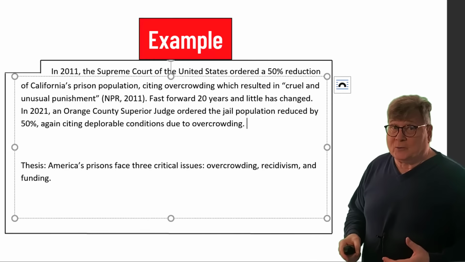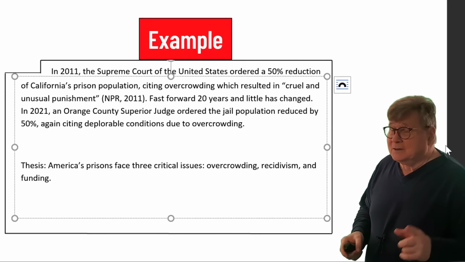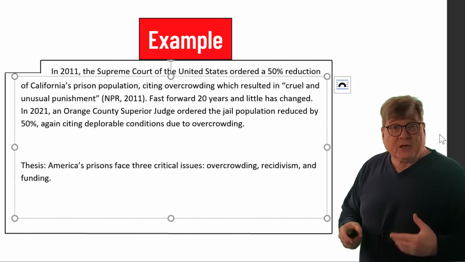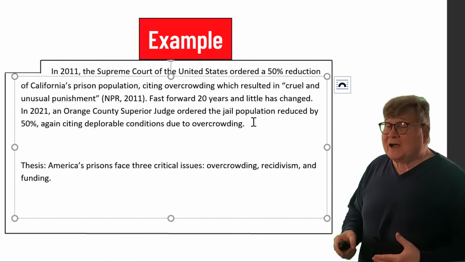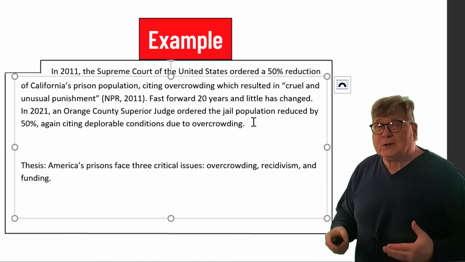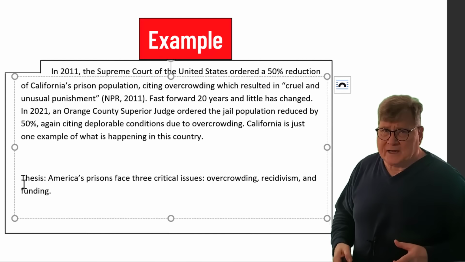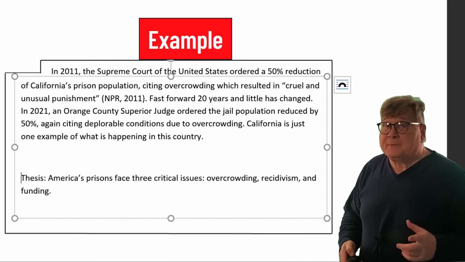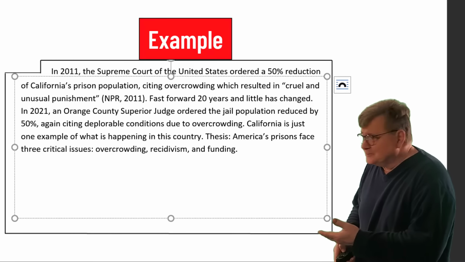In 2021, an Orange County Superior Court judge ordered the jail population to be reduced by 50%, again citing deplorable conditions due to overcrowding. California is just one example of what is happening in America. And now comes the thesis.